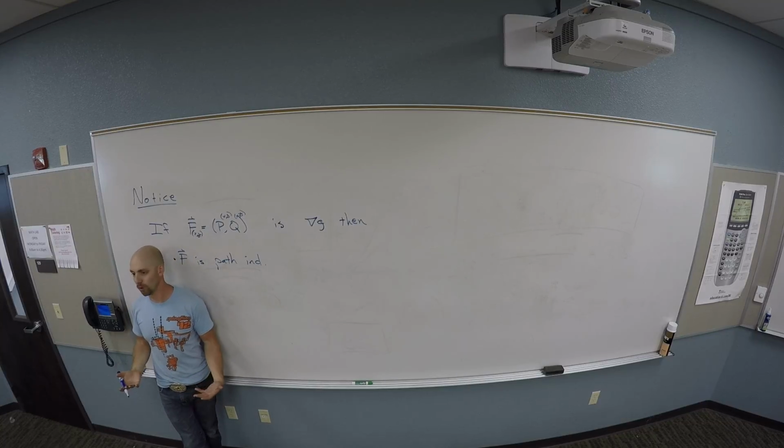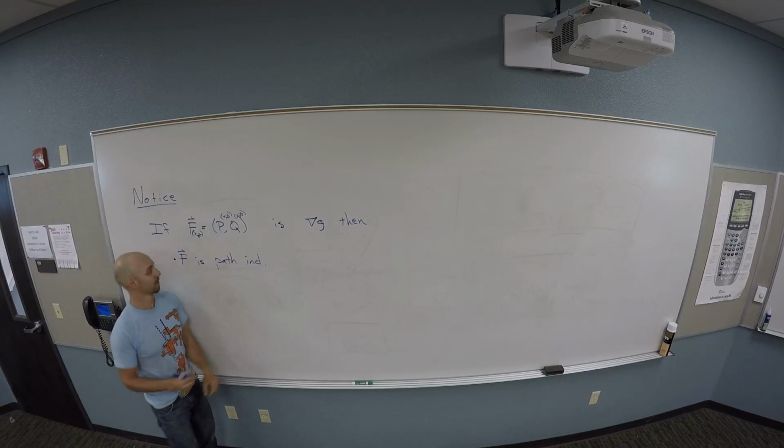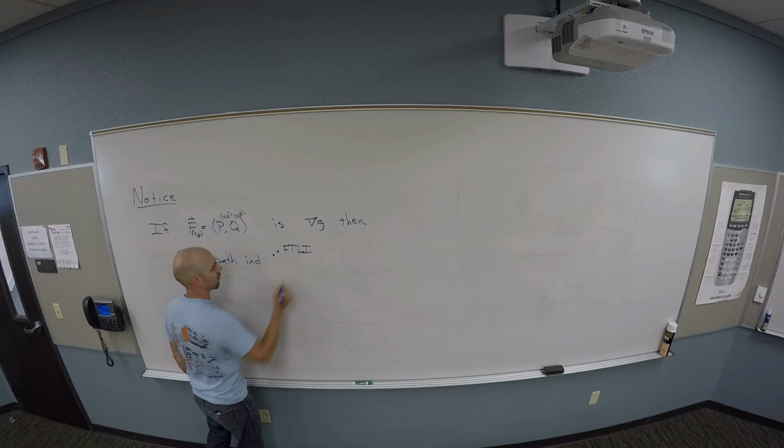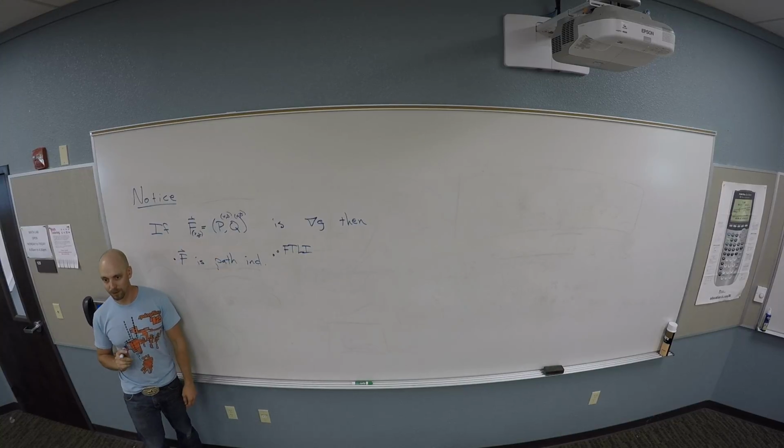What's your tool for establishing path independence for vector fields that are the gradient of something? It starts with an F. Function. The fundamental theorem of line integrals. Yeah, the fundamental theorem of line integrals is what tells you this. It tells us that these are path independent.